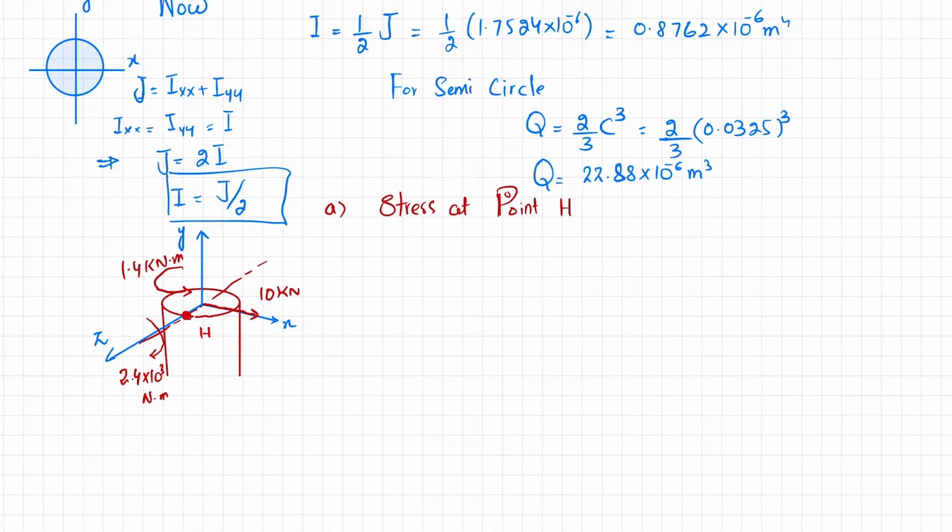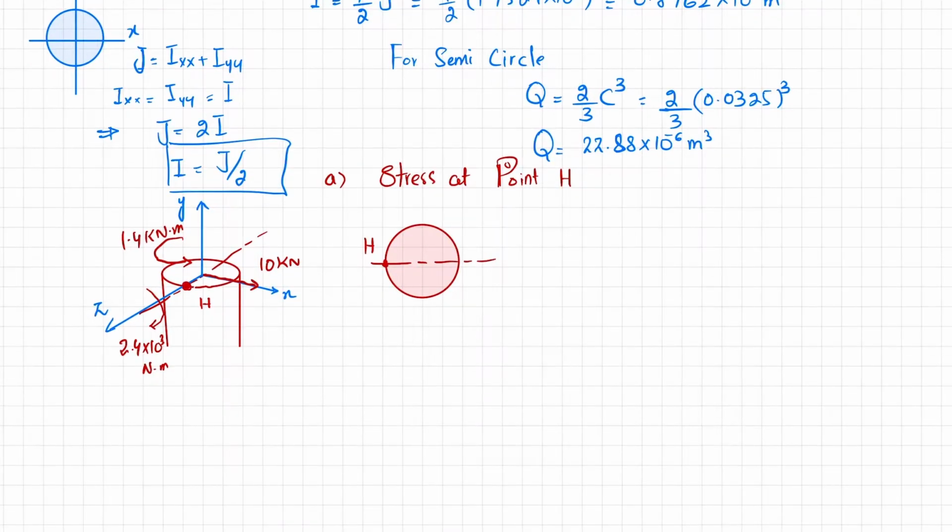If I draw the top view of this, this will be your circle, this is your neutral axis, this will be your point H. As H lies on the neutral axis, and we know that stress is equal to M into C divided by I, where C is the distance from the neutral axis to the topmost layer, so the bending stress or normal stress will be 0.